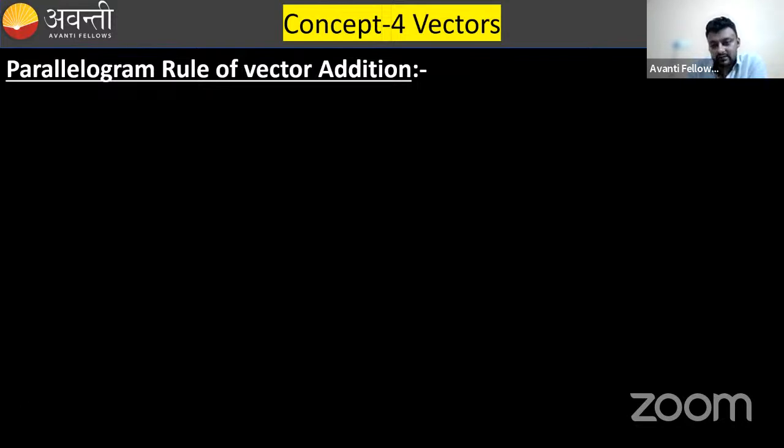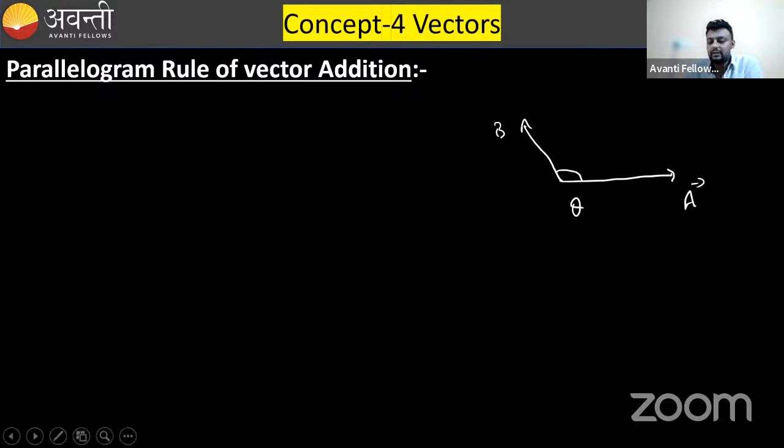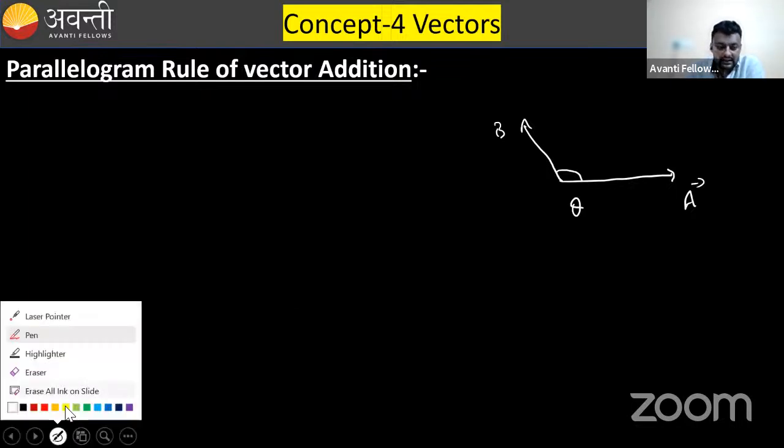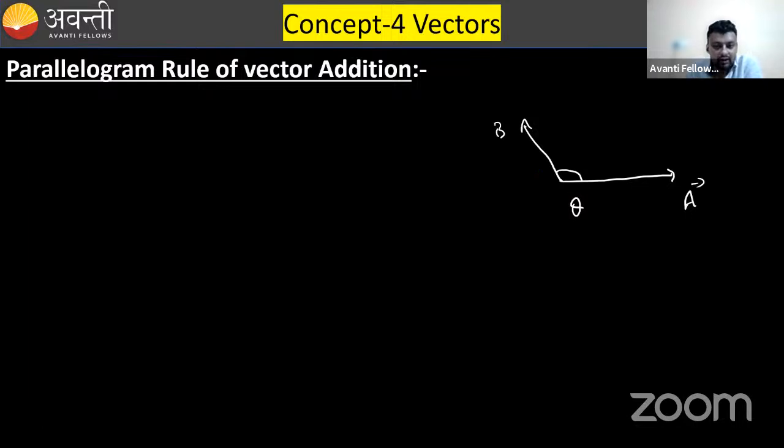If you have two vectors, this is vector A and this is vector B, and the angle between them is theta. One thing that is sure, the resultant of these two vectors will lie between them. Let's suppose this is the resultant.